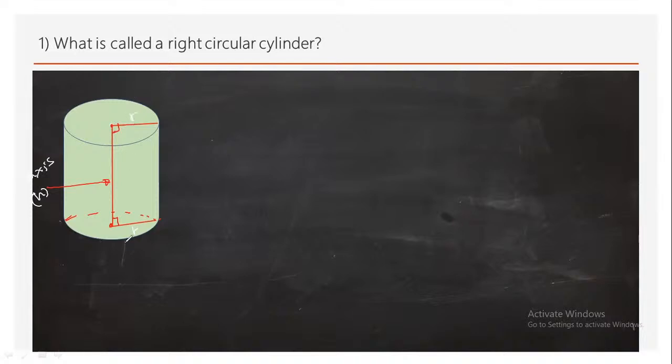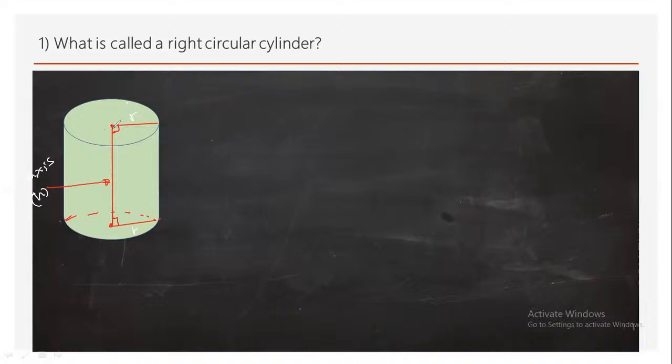This is the lid and this is the base. This cylinder has two circular plane surfaces, top and bottom. Apart from this, a curved surface is also there. The radii of the two circular plane surfaces are equal to each other, and the areas of these two plane surfaces are also equal, right?